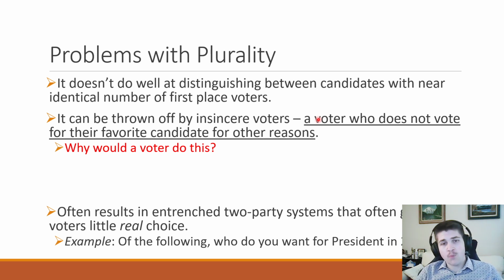Some people voted for either Democrat or Republican because they really did not want the other candidate. So it was less about voting for who I want and more about voting against who I really don't want. And that would be an insincere vote. That can also misconstrue the data and not really help, because it's not really about who people want. It's about a different issue.